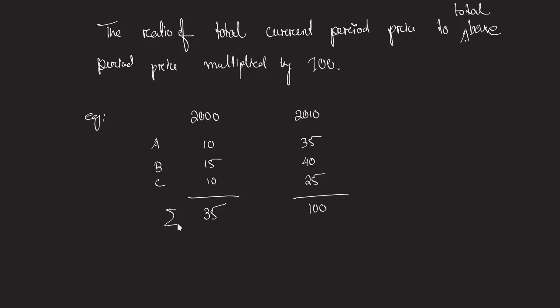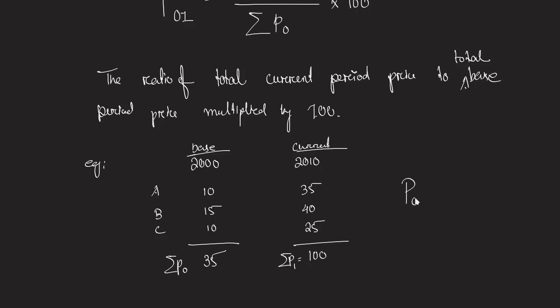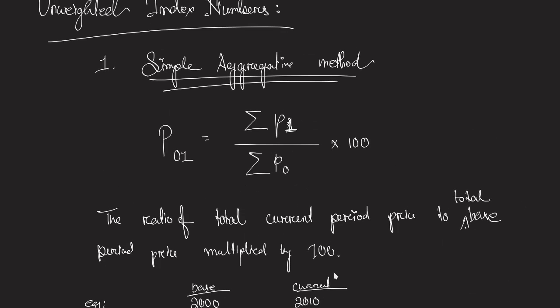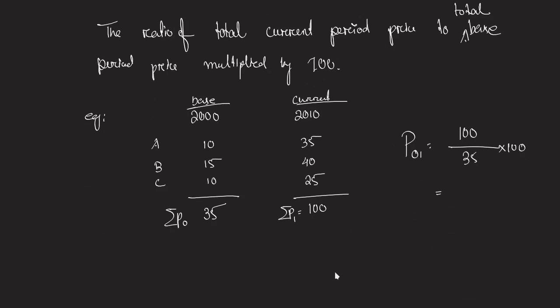So this is summation P0, this is summation P1. 0 because this is base, right? 1 is current period. So আমাৰ কি হব তেতিয়া, P01 will be summation P1, which is 100, divided by 35, into 100. So this is your simple aggregative method of finding out the price index to compare base and current period.